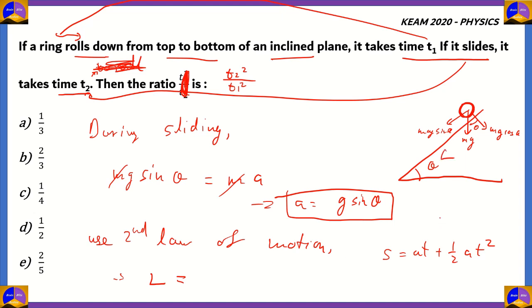Since u equals 0 because it starts from rest, ut will be 0, plus half into g sine theta times t2 squared. The reason it's t2 squared is that if it slides, it takes time t2. So now that we know L equals half g sine theta t2 squared, we can write t2 squared as equal to 2 times L divided by g sine theta.